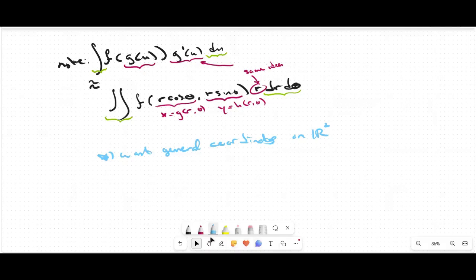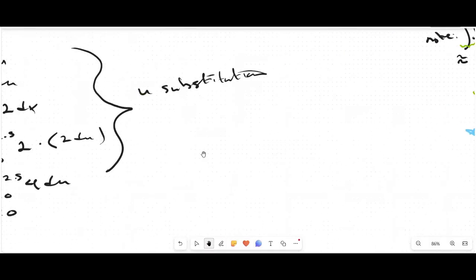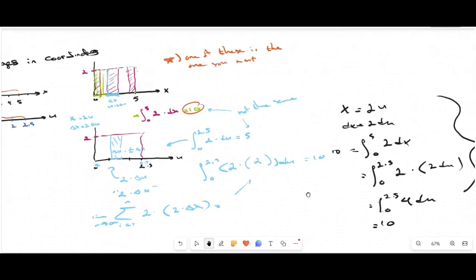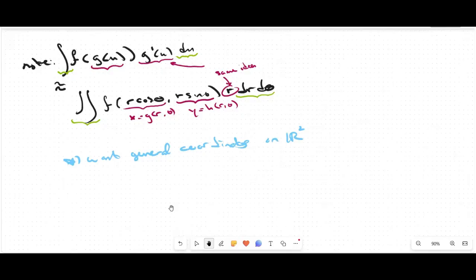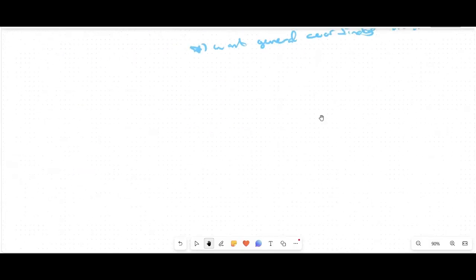And we want to use these one-dimensional chain rule u substitution ideas to find a way to accurately do integrals for a general coordinate system on R2. So we've got to build this. I'm going to start by talking about transformations.